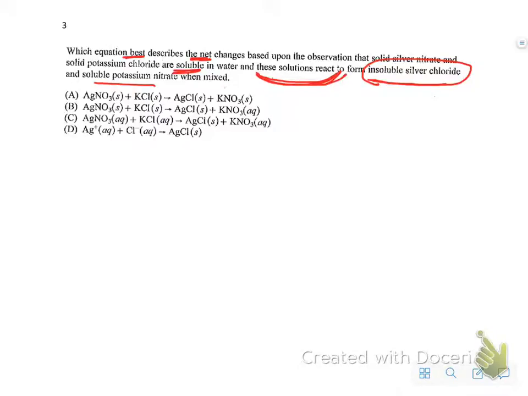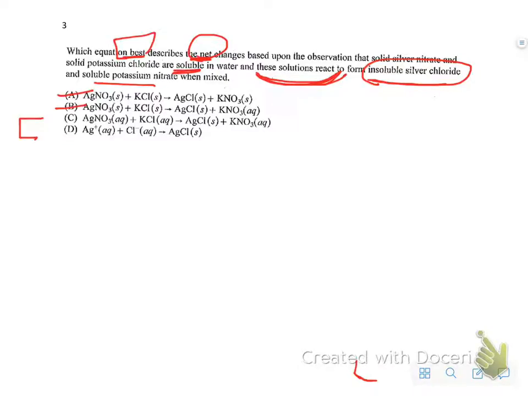They're not putting solid silver nitrate and solid potassium chloride together. They're putting the solutions together. So I can eliminate choice A and B because these have the solids going in, which leaves me with choice C and D. Now it talks about the net changes and which equation best describes.